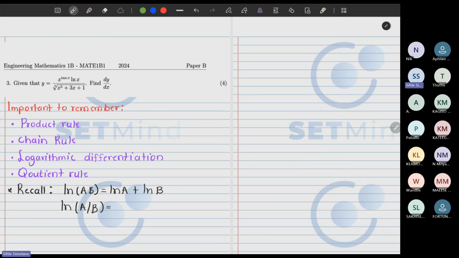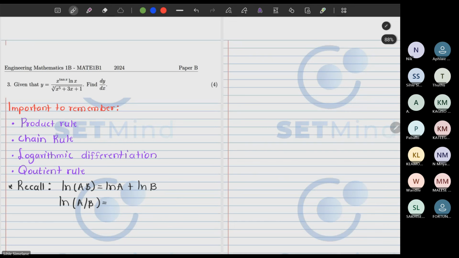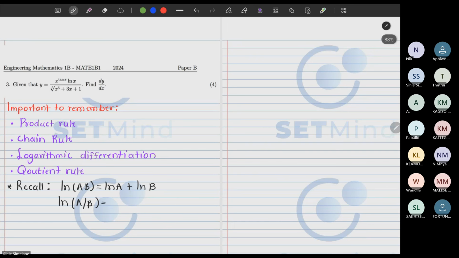Anyone in the meeting? Give it a shot. What is ln of A divided by B? I see a hand from Kaki, so you can go ahead. It's the ln of A minus the ln of B. Awesome. It's the ln of A minus the ln of B.